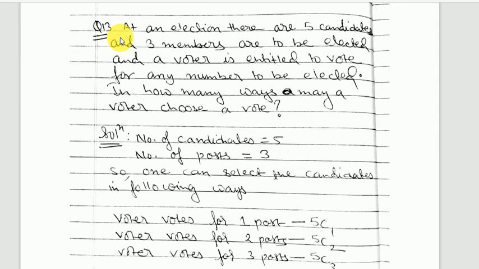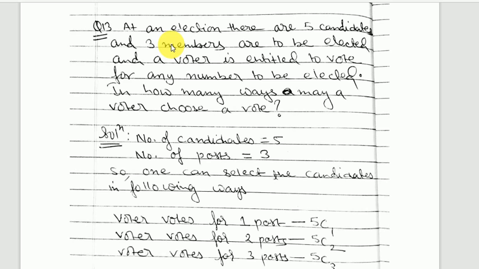Next is question number 13. At an election, there are 5 candidates and 3 members are to be elected, and a voter is entitled to vote for any number of candidates up to the number to be elected.